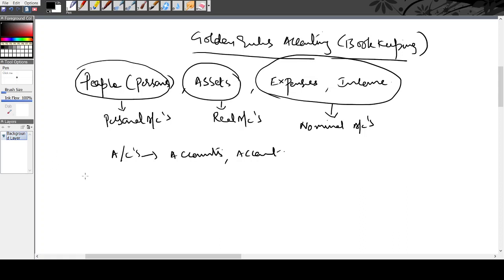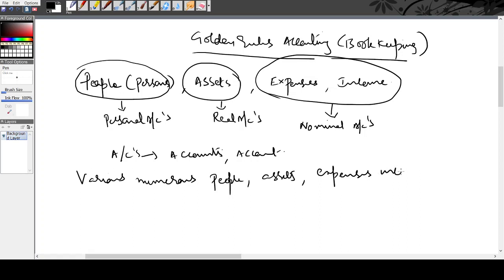In business, we are going to have numerous transactions with people. We will have numerous transactions about assets. We will have numerous transactions involving expenses, incomes. We are going to keep a count of these transactions.